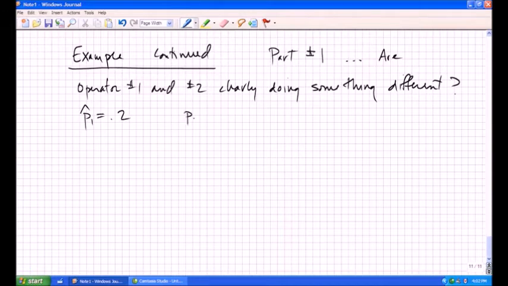So what we're talking about here is comparing the 2/10 and the 4/10, both of these things based on sample sizes of 10.